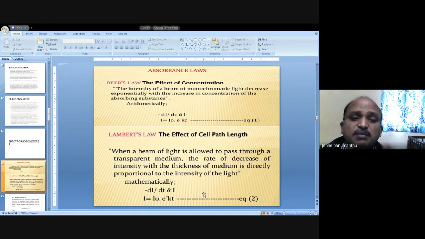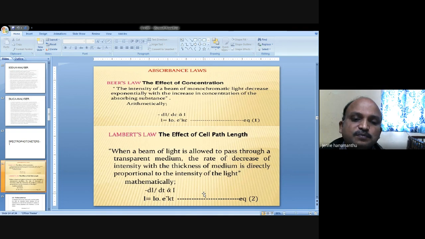If the size of the container or the thickness of the medium, the solution, is changed, with less path length there is less absorption.